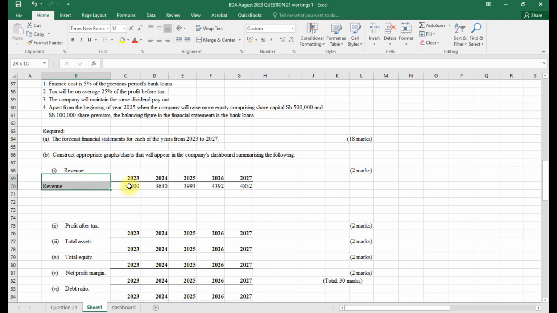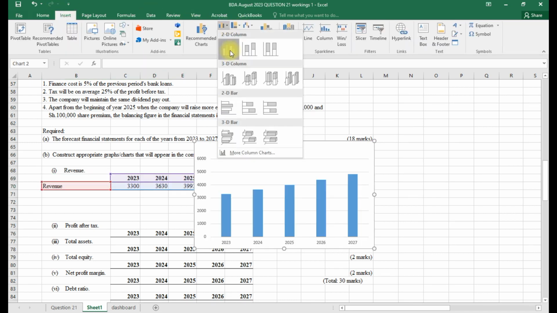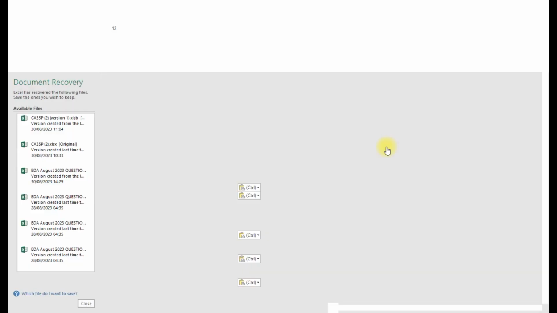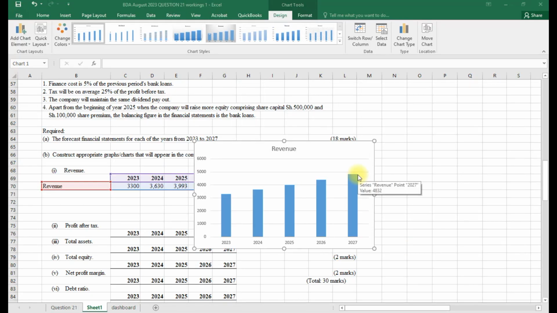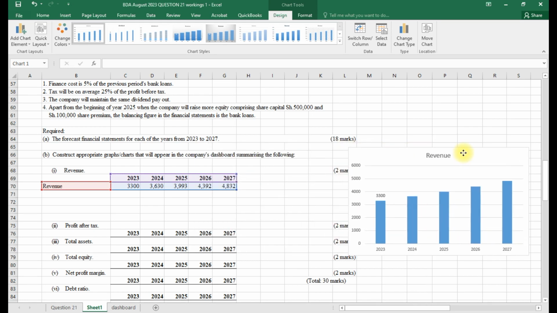I'll use a bar graph and insert it, and I'll edit this bar graph to include the data label.